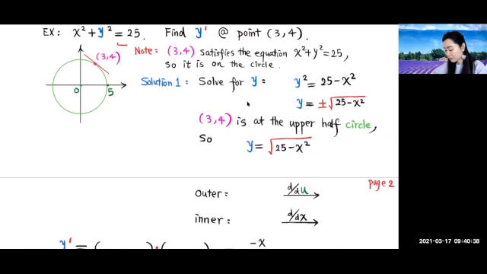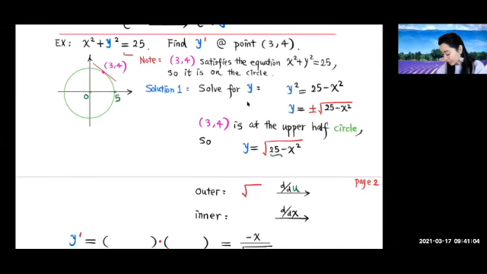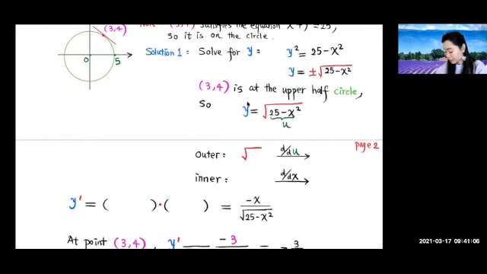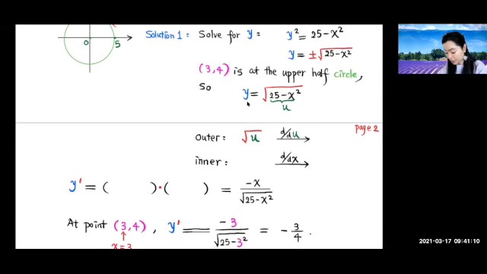Now after you solve for y here, you can differentiate this with respect to x. So the outer function is the square root function, okay? So think about this inside here as u, okay? So the outer function is square root of u. Differentiate that with respect to u, you gotta remember, right?